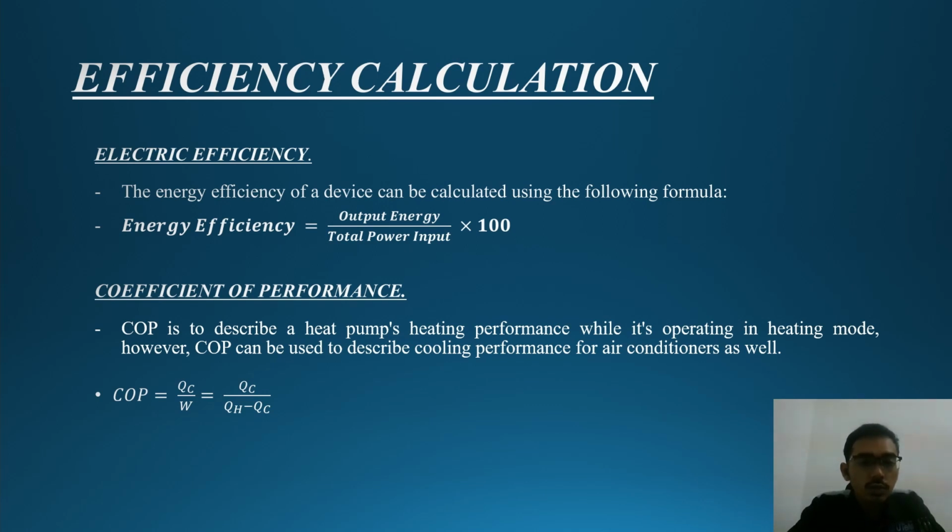The second one is the COP, or coefficient of performance, where we calculate the cooling performance of the HVAC system. The formula is COP equals Q cool over total net power.